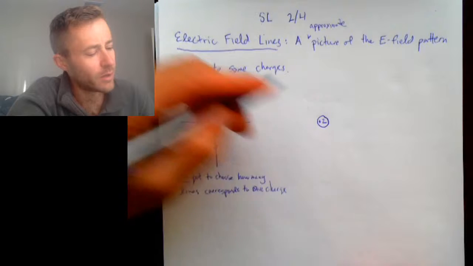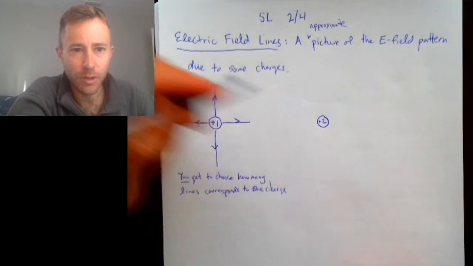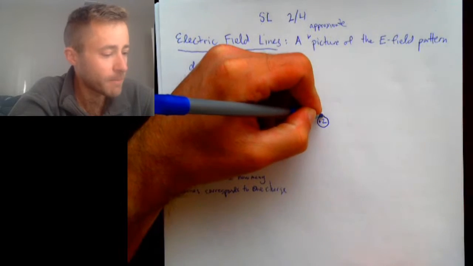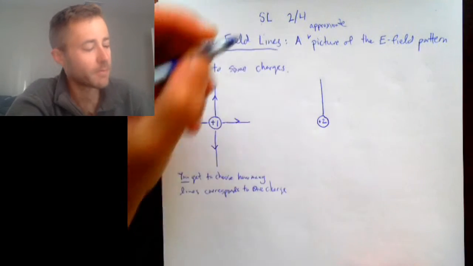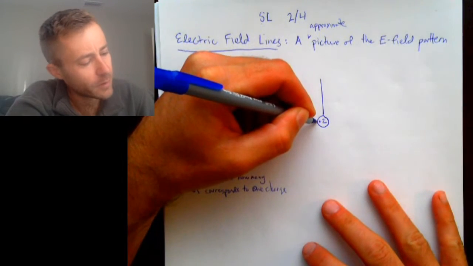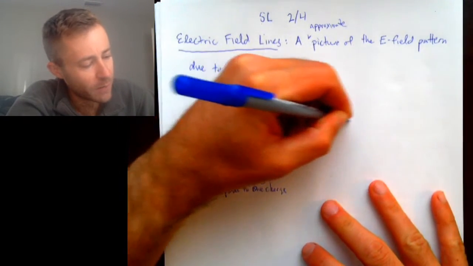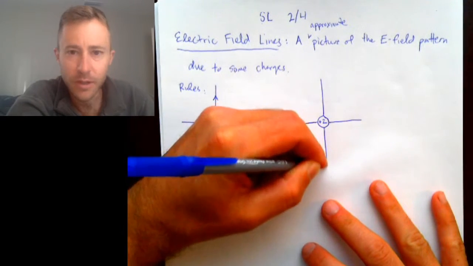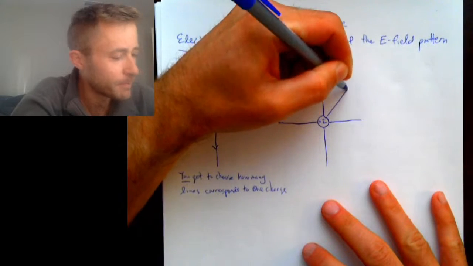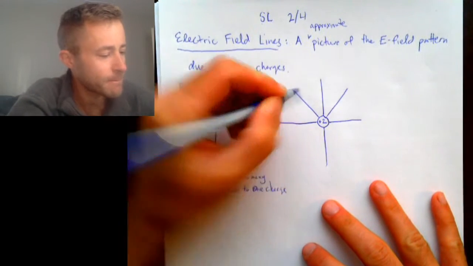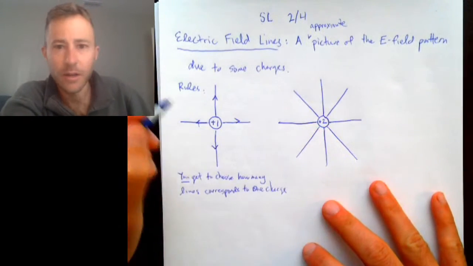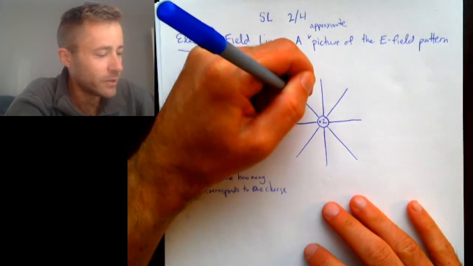So the amount of charge corresponds to the number of lines that are coming out of that charge. Okay. So I have the 4 that I have for a +1 charge, but then I also have to have 4 more. All right. And then field lines need directions.